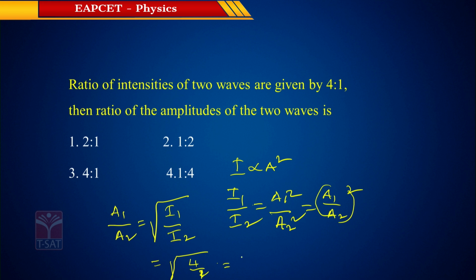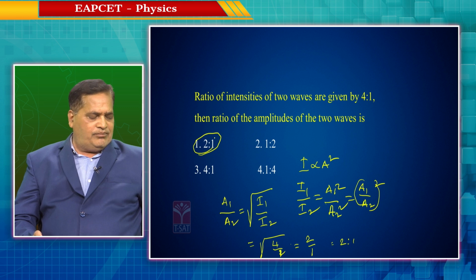Root 4 is equal to 2, so 2 by 1. Therefore the answer is 2:1. Here our option is 2:1. Okay, are you clear? I hope that you are clear. The intensity is directly proportional to the square of the amplitude.